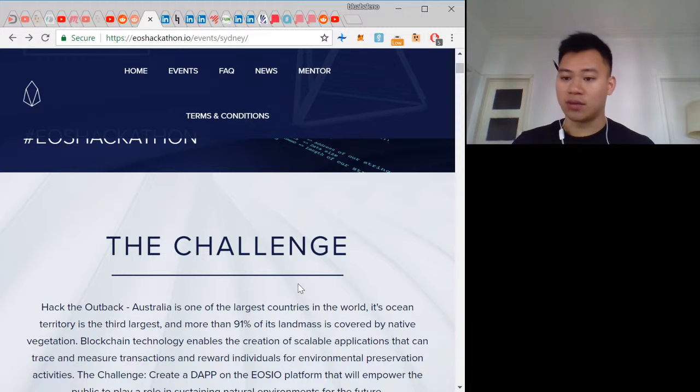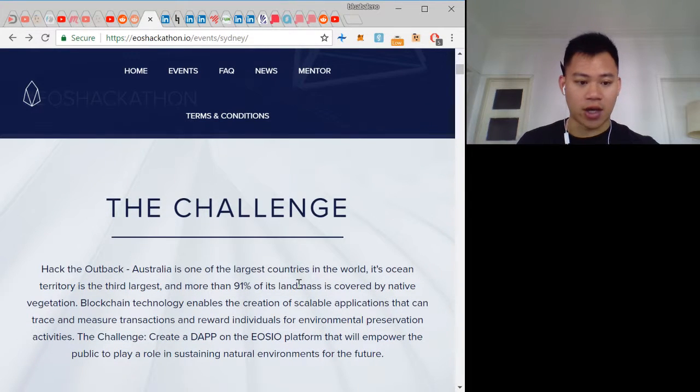So utilization of the EOS blockchain technology, how creative your solution is towards the challenge, the problem you're trying to solve, the impact it's going to make, either in a business monetary sense or in the welfare of the users of your application, and scalability, how accessible, how easy to use it is for your application, how many people can use your application.